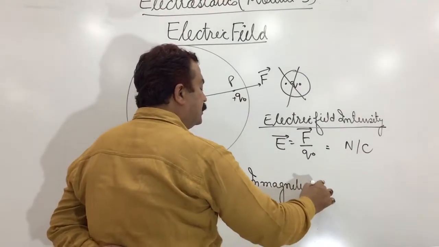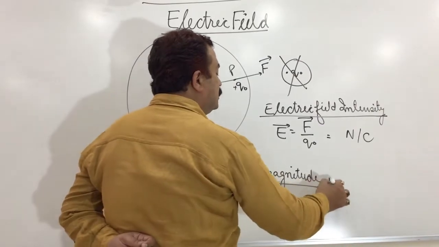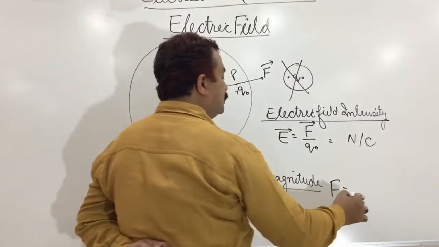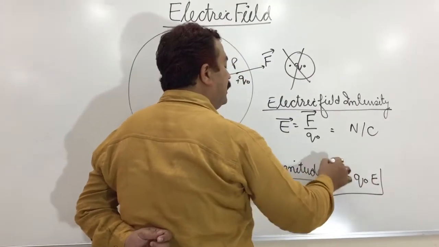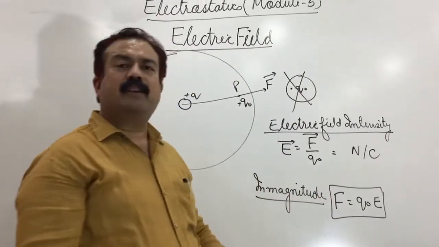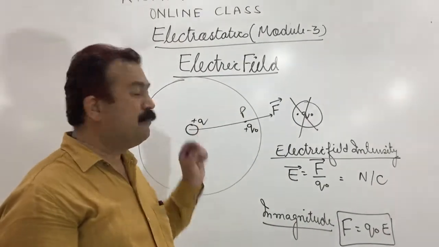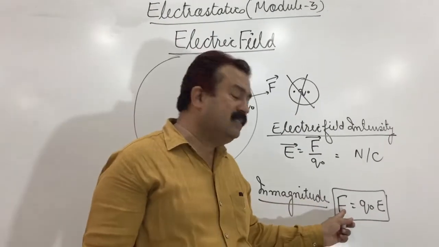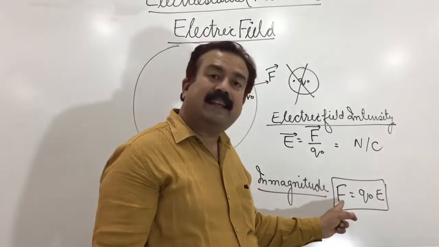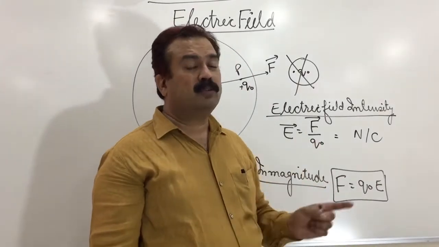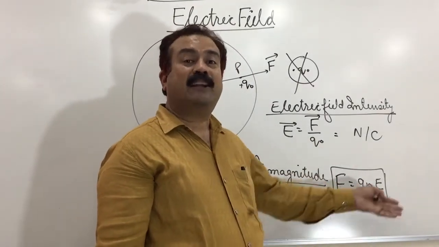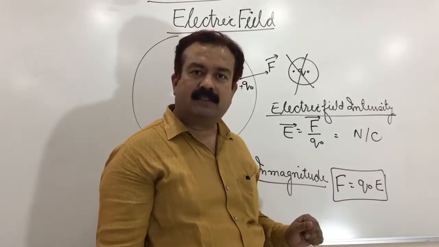In magnitude, you can write F equals to test charge multiplied with the electric field. So the physical significance of electric field is, it tells us about the force acting on the test charge and the direction of force acting, you can say experienced by the test charge.